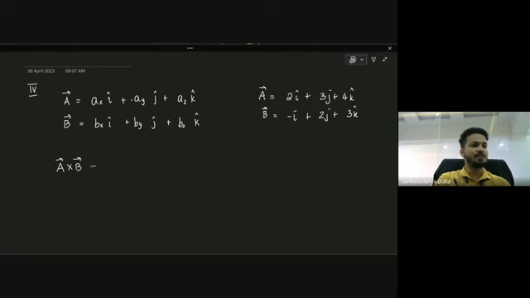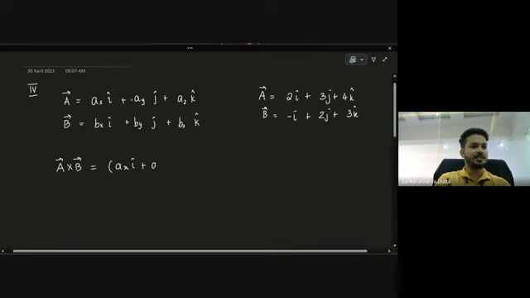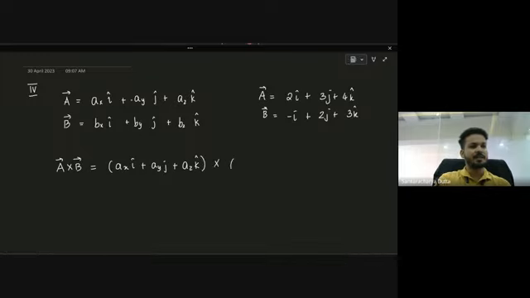Well, we'll proceed generally like we usually do in math. We'll arrange them like this: ax I cap plus ay j cap plus az k cap, and cross multiply that with bx I cap plus by j cap plus bz k cap.